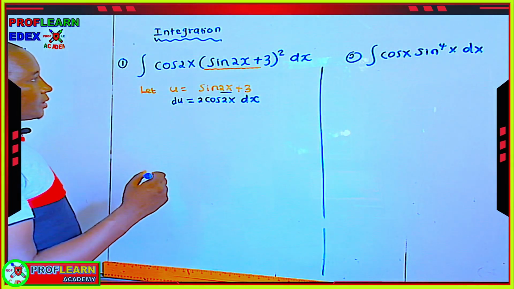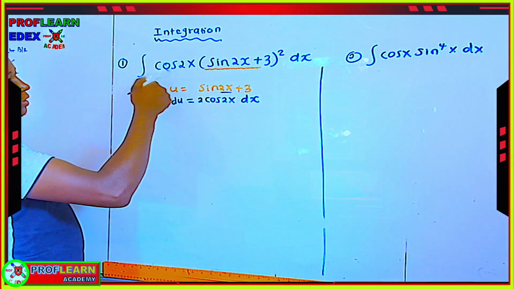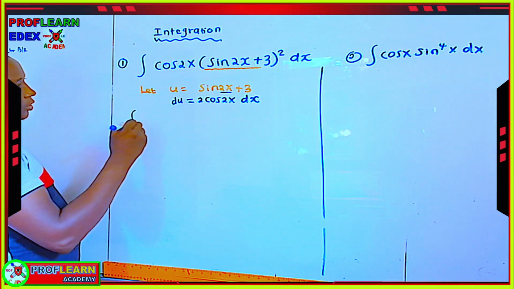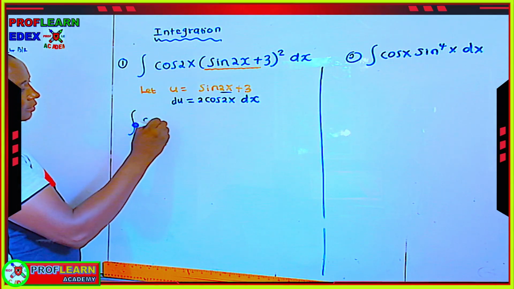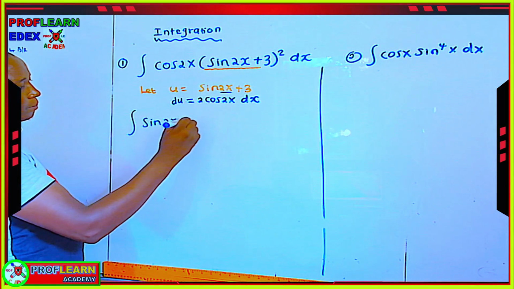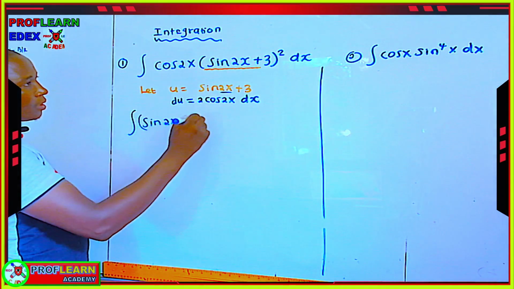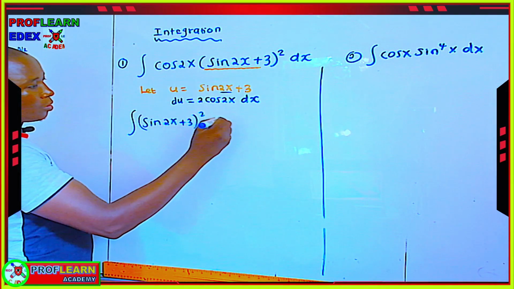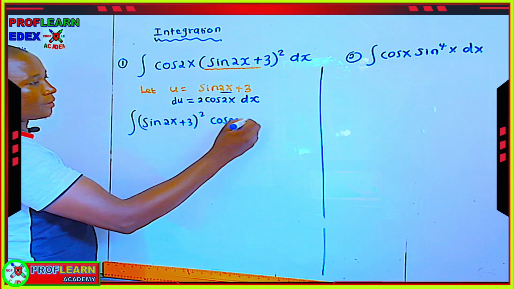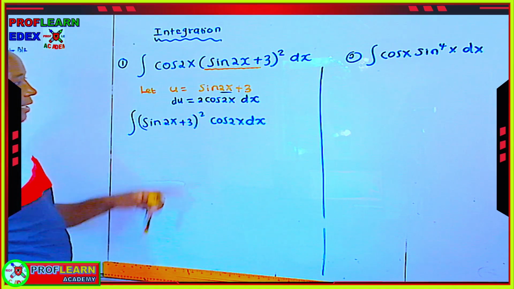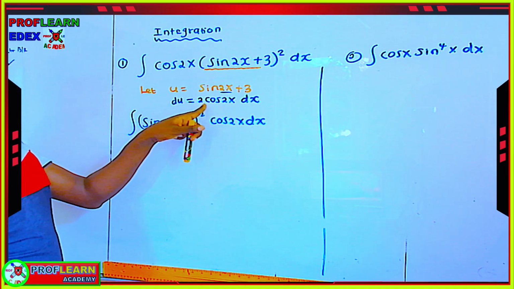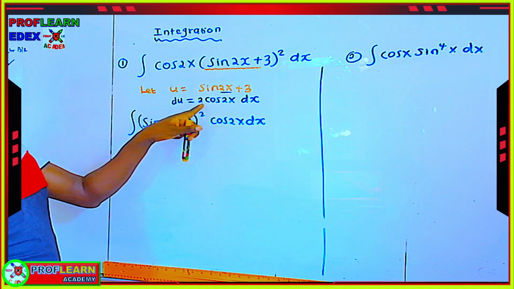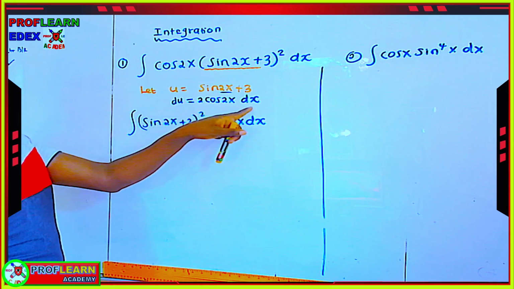So which means that in this expression here, I want you to see that we are having sine 2x plus 3 raised to power 2 cos 2x dx. But at this point, we are having du equals to 2 cos 2x dx.